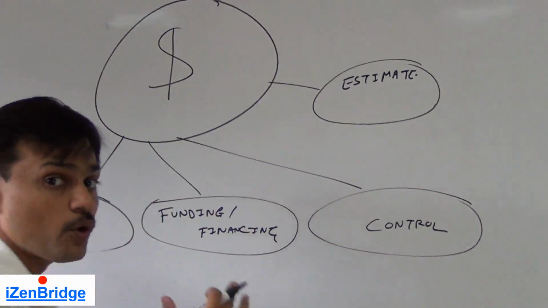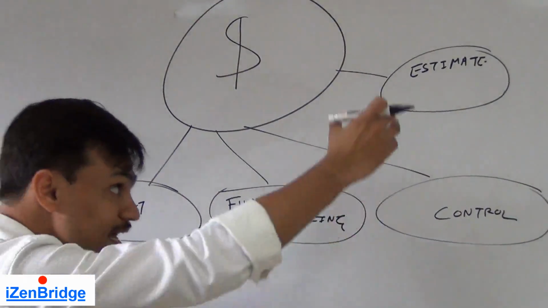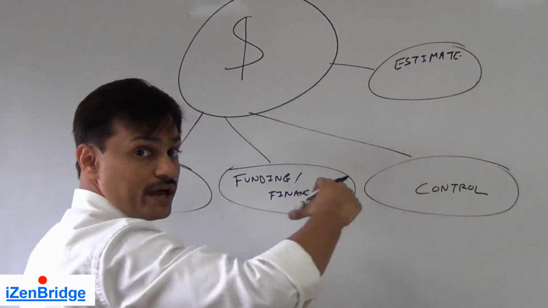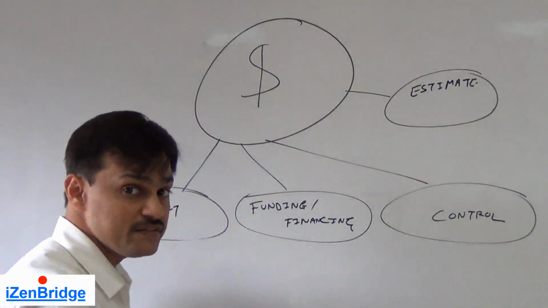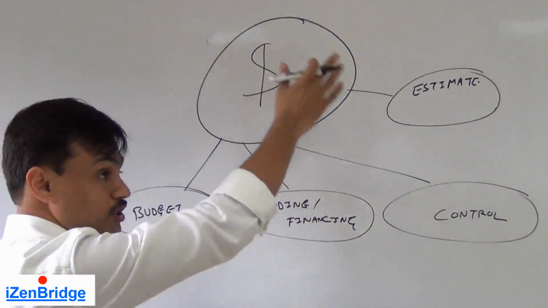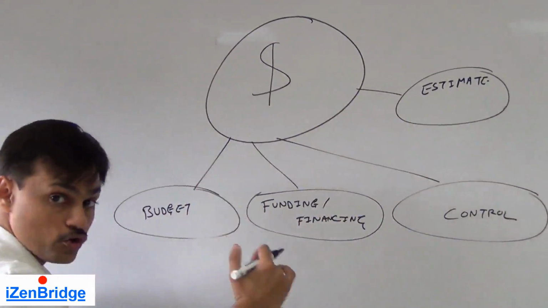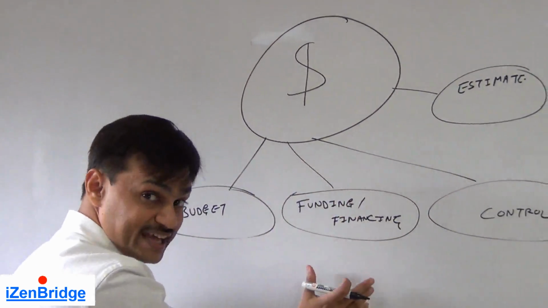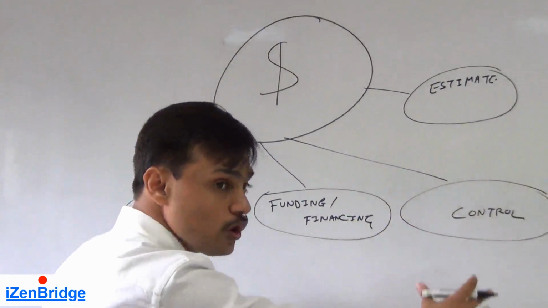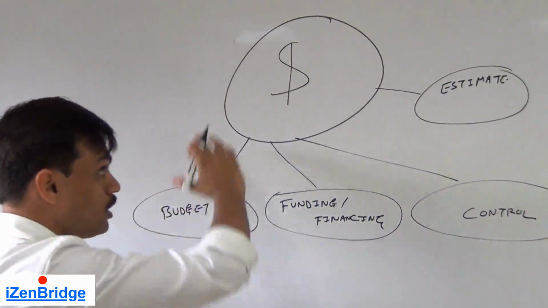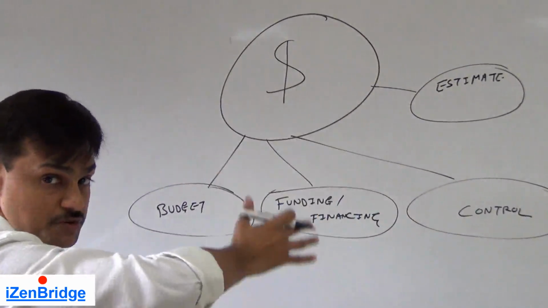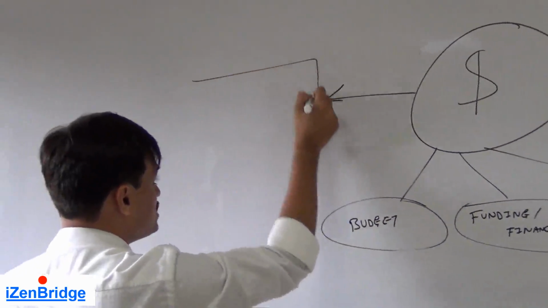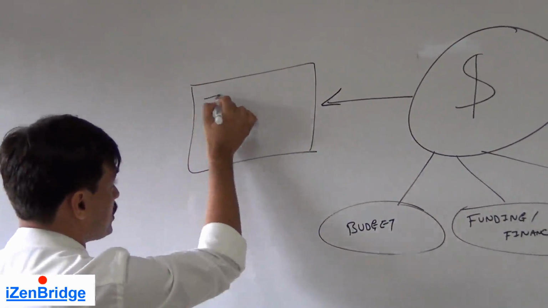So when we are talking about this particular knowledge area, yes, estimation of cost related to the project activities is an essential part of project cost management, but on top of it, we also need to do budgeting, we also need to look towards funding and financing, and we also need to control cost. This project cost management knowledge area is primarily focused towards managing project related costs.